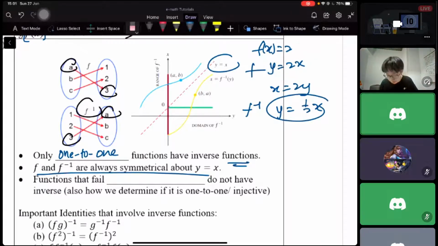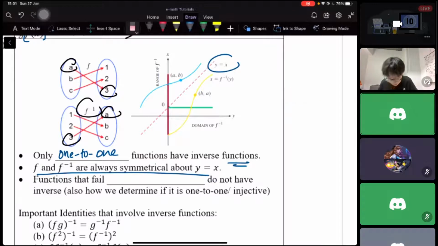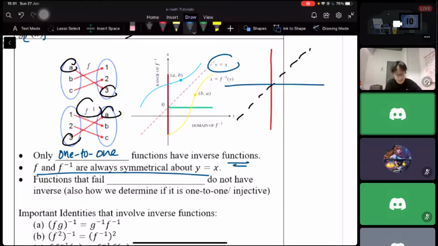And if it is true that f and f inverse are symmetrical about the line y equals x, then what test can we use to determine whether a function has an inverse? Originally we use the vertical line test, right? If you reflect this vertical line on y equals x, you will get a horizontal line.